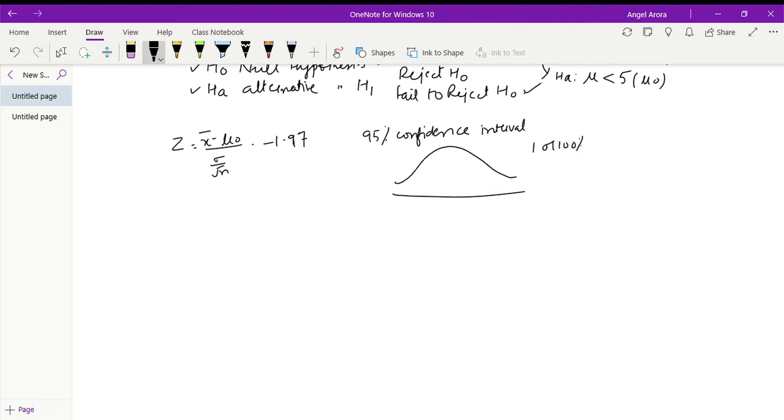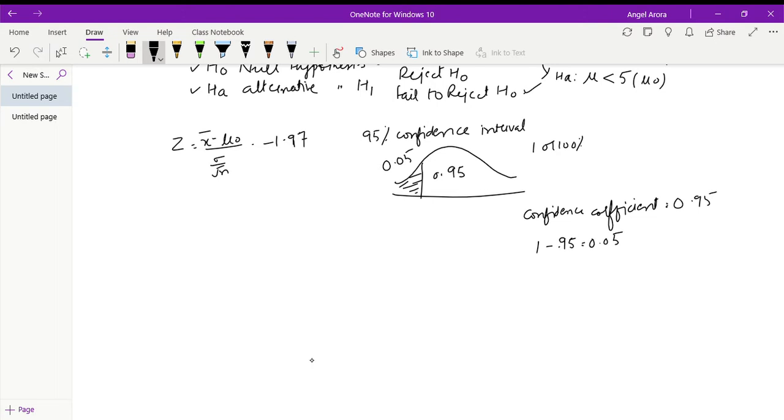So 95% confidence means the confidence coefficient is 0.95. In case of a lower tail test, if this area is 0.95, then what will be the value of this area? This area will be 1 minus 0.95, which is equal to 0.05.